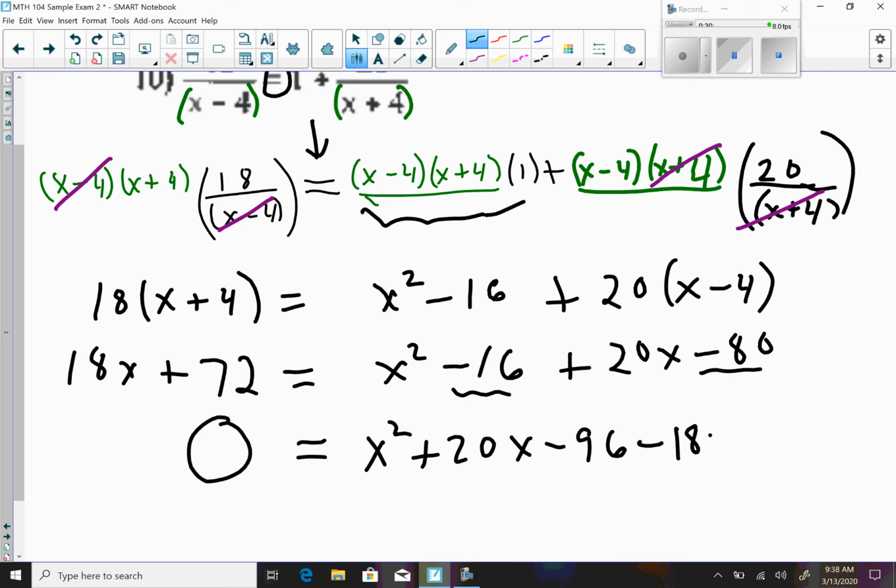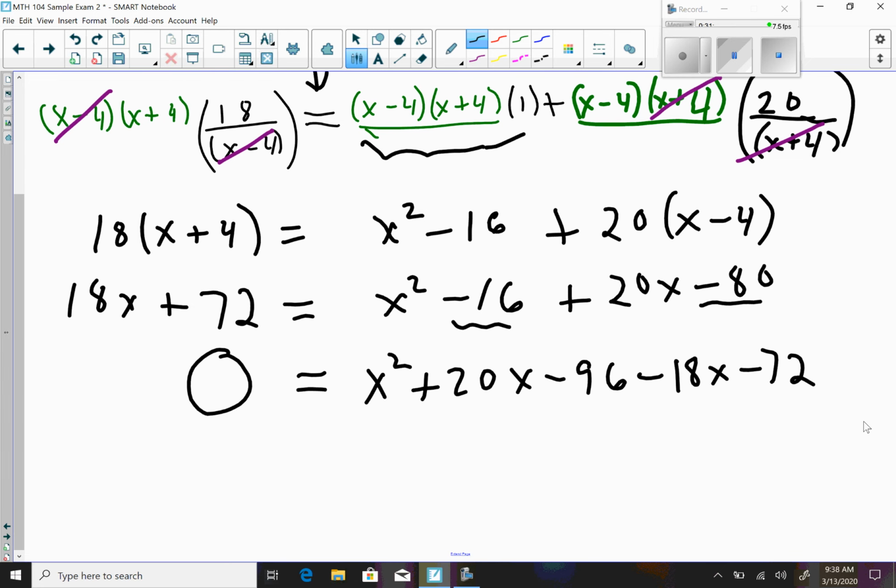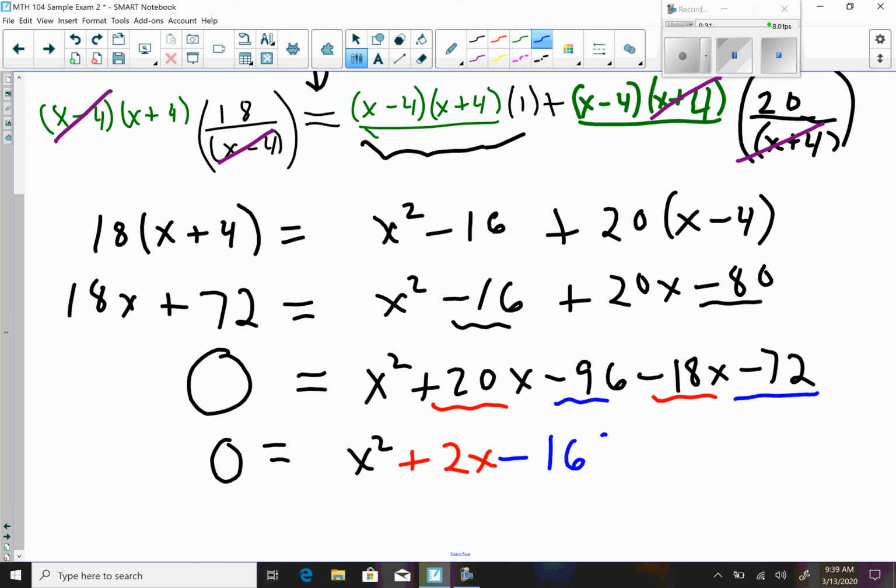It'll be minus 18x. And we're going to take plus 72 over here, so it'll be minus 72. 0 equals x squared. 20x minus 18x is positive 2x. And negative 96 and negative 72 is negative 168.